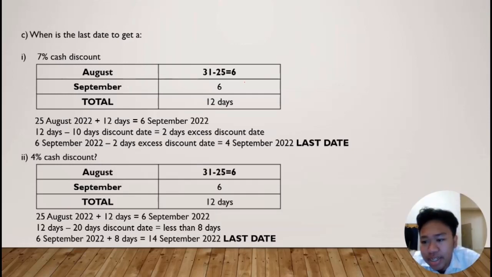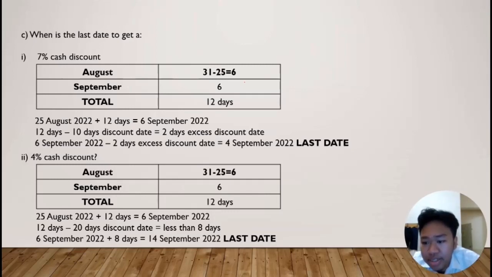Second question is last date to get 4% cash discount. As we know, August has 31 days, so minus it with 25 August. So it's equal to 6. Now let's find total day for 4% cash discount. 12 days minus 20 days discounted, so it's equal to 8 days.